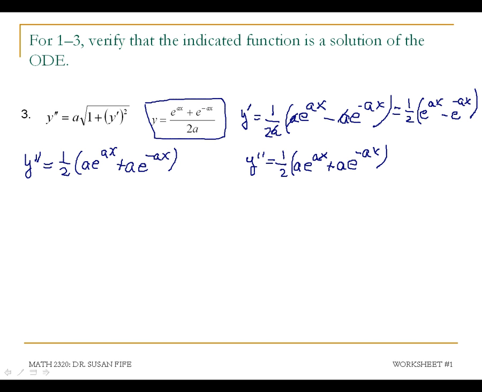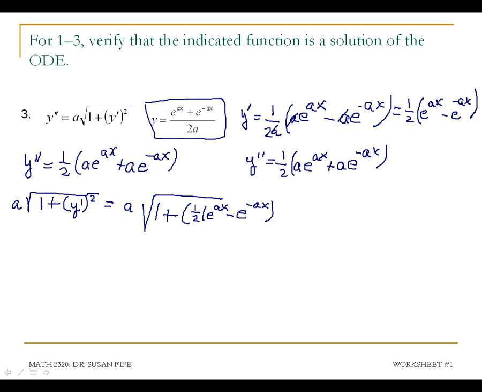And on the right side, I have the square root of 1 plus the derivative of y squared, which gives me the square root of 1 plus, the derivative of y is this, 1/2 times e to the ax minus e to the negative ax, in parentheses, and that's another parenthesis squared.